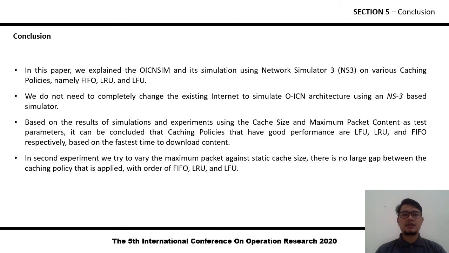This experiment is proof we don't need to completely change the existing internet to simulate OICN architecture, but just use an NS3-based simulator. Based on the results of the simulation and experiment, using cache size and maximum packet count as test parameters, we can conclude that the caching policies that have good performance are LFU, LRU, and then FIFO, based on the fastest time to download the content.